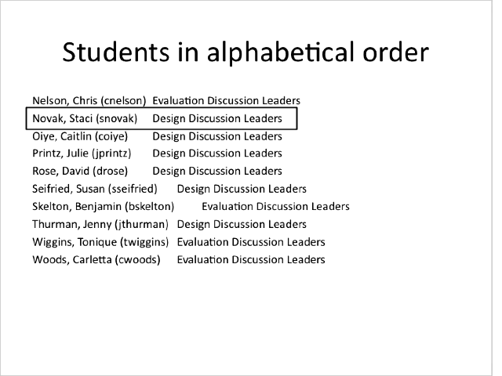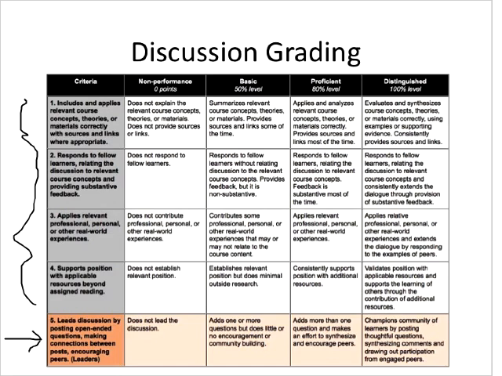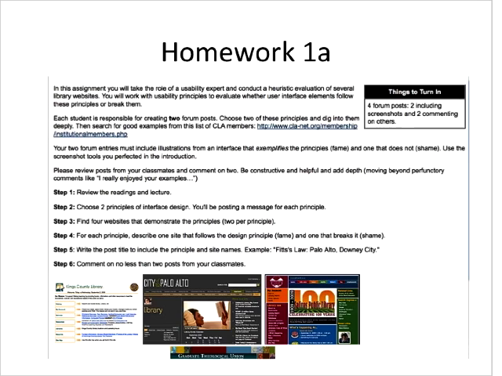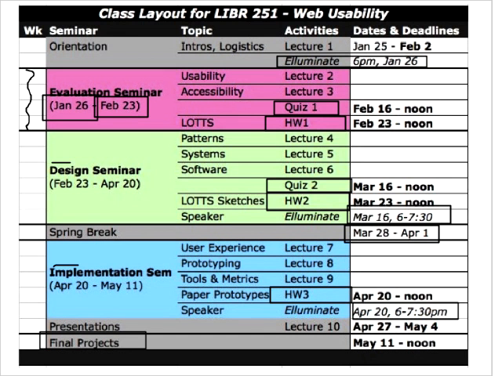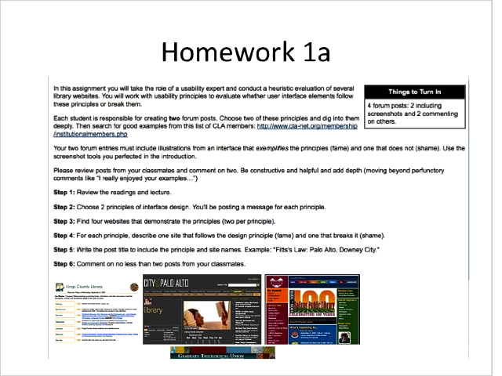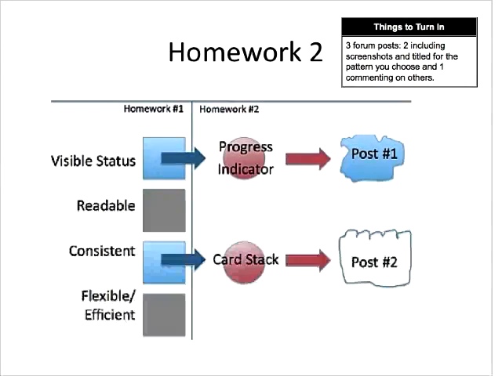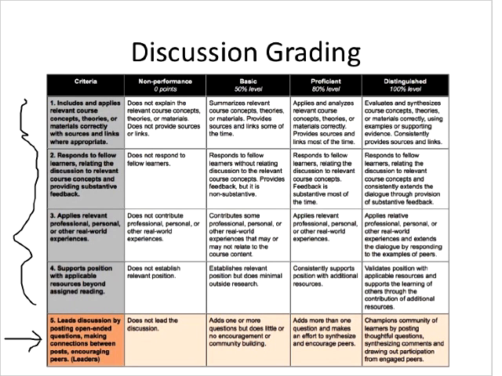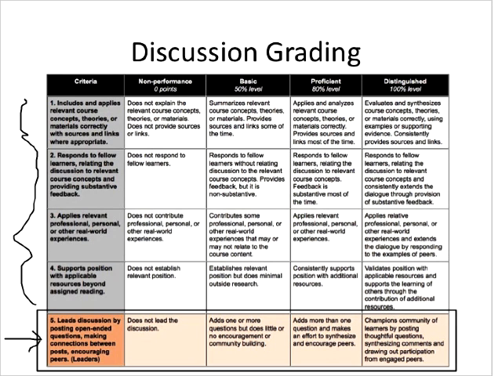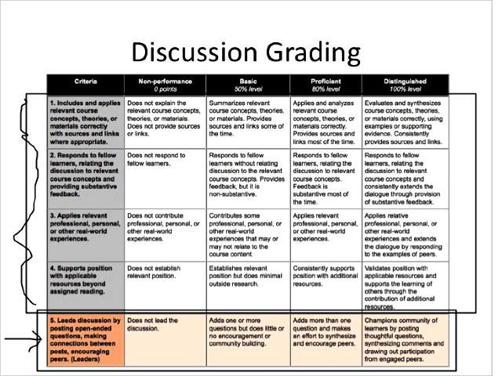So you're right in the middle, in the second seminar. During this period, February 23rd through April the 20th, I'm going to grade your participation based upon this rubric. And everybody else, the folks in 1 and 3, who are not in that seminar, I'm going to look at their participation based upon this rubric. Does that make sense?